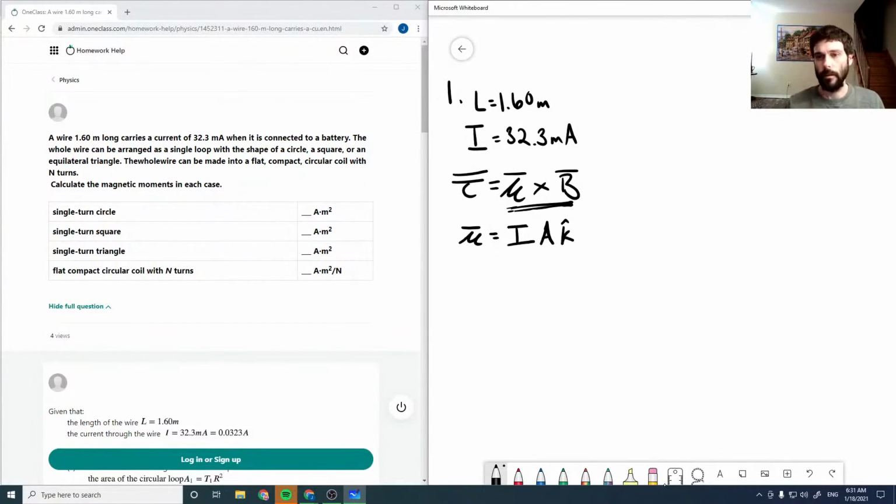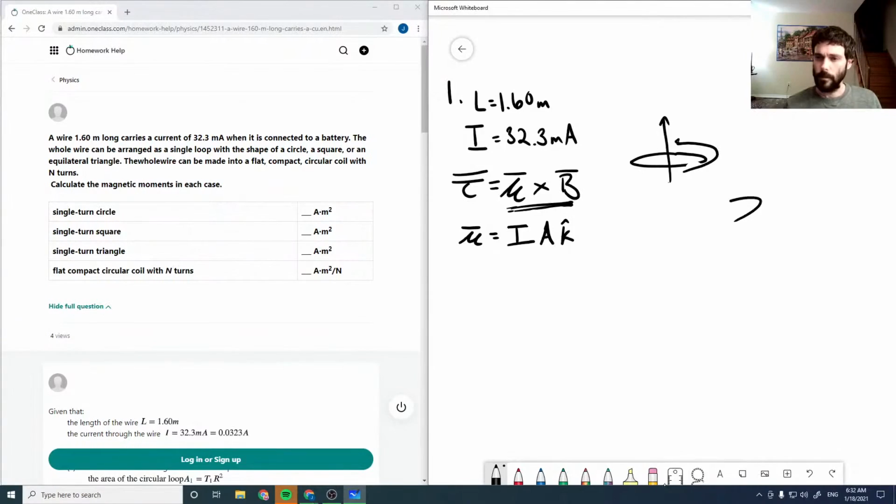If I have, say, a circle with current running, let's actually go with current running counterclockwise, my fingers would curl around, then my magnetic moment would go straight up.